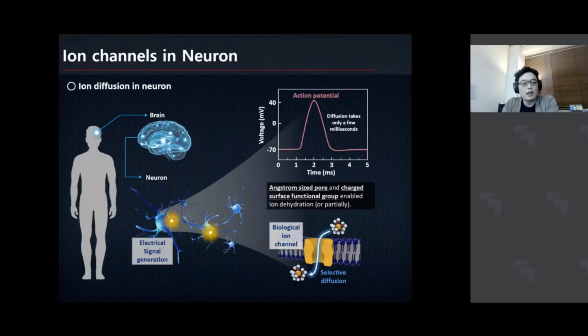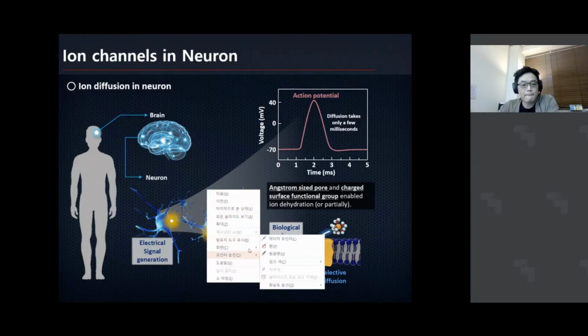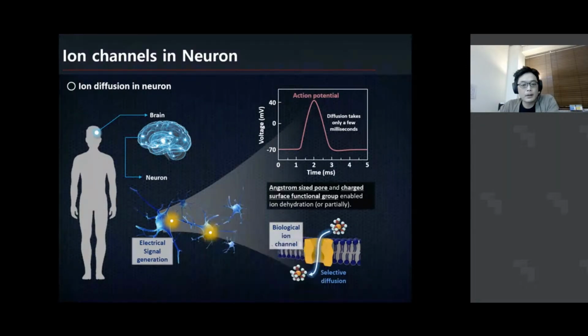Okay, so let's look at the human neuron structure. Here is the cross-section of the neuron system. Here's the high concentration of sodium or cation, whatever. So sodium, potassium, calcium, and here's the low concentration.